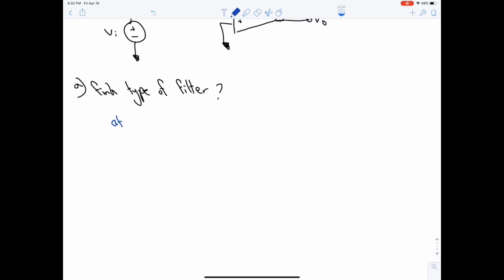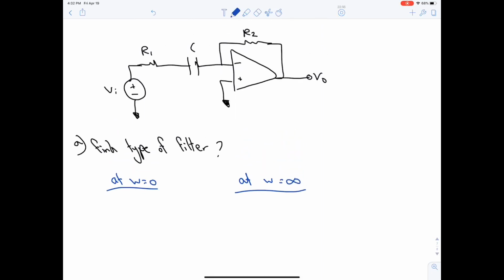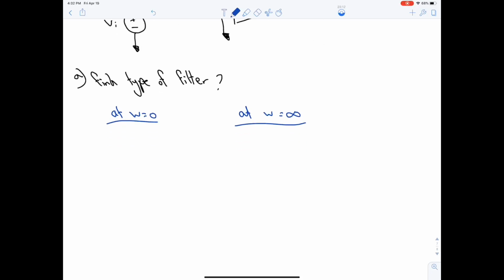We will substitute in two values: at omega equal to 0, and at omega equal to infinity. So where do we have omega? We have omega in the capacitor.